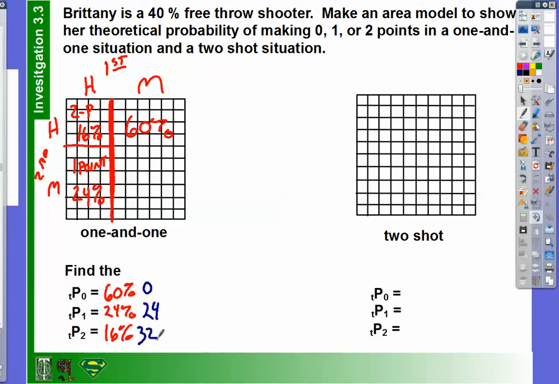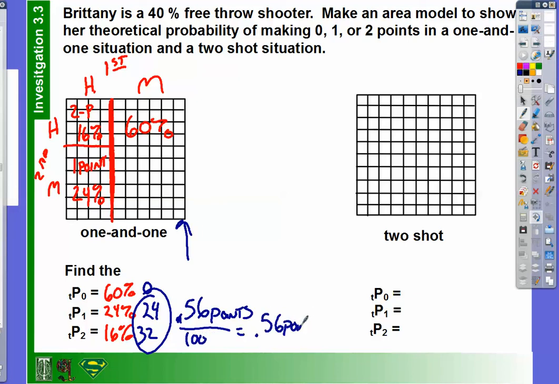And so if I add these two together, I get 56 points. And my box had 100 possibilities. So we divide that by 100 and we get 0.56 points per trip to the line. So that's my expected value for the 1-and-1 situation.